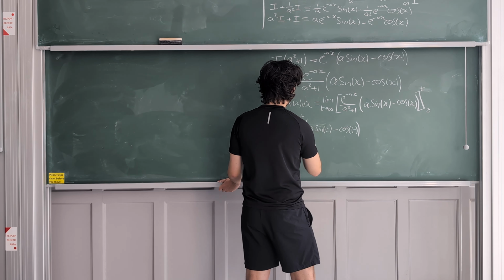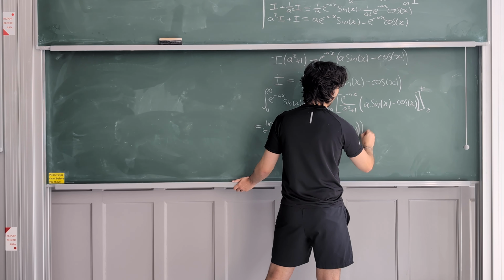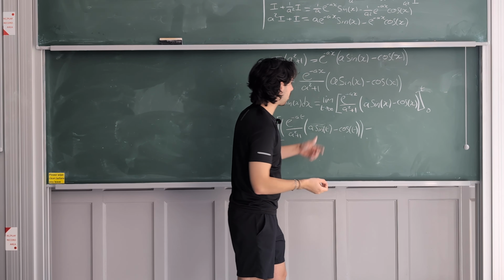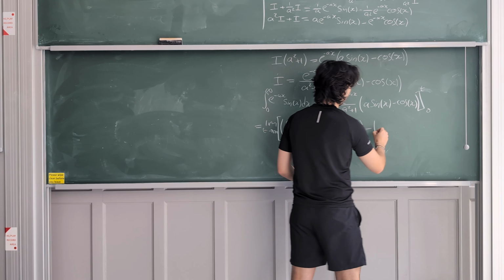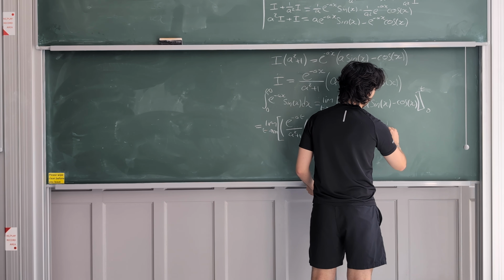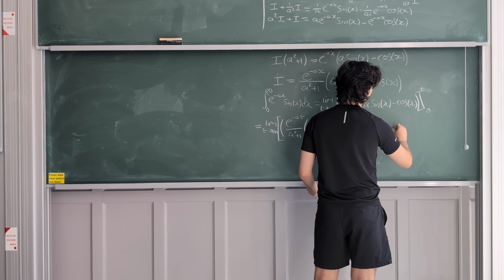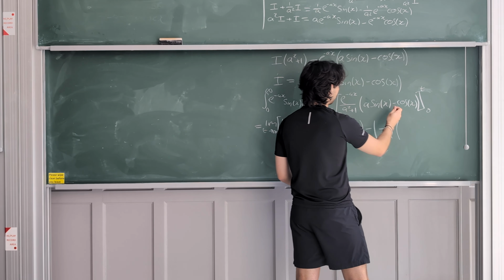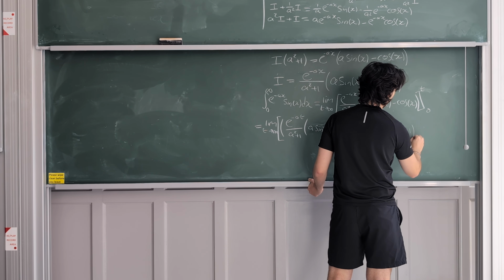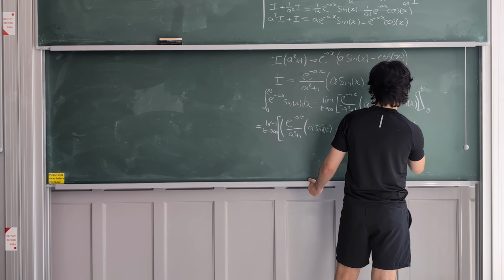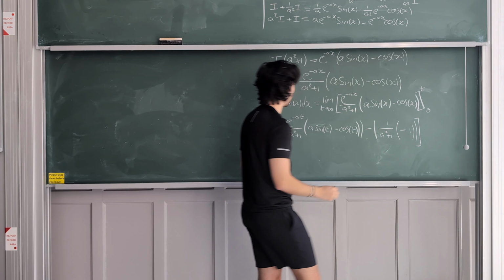Making sure I've got the right number of brackets, minus, and then we're plugging 0 in. So minus e to the 0 is 1, so 1 over a squared plus 1 times, and this ends up just being 0 minus 1, so times minus 1 there.